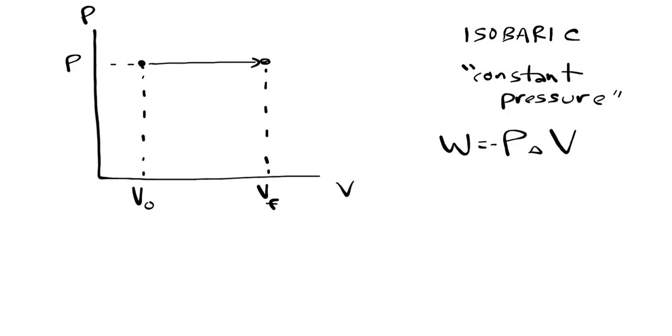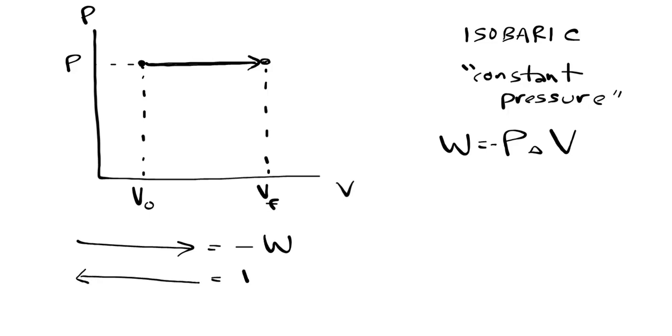Now, if I'm increasing the volume and the volume difference is positive, then this is negative work. If I were decreasing the volume, that would be positive work. So one way to look at that on the graph is that if the line moves to the right, you're talking about negative work, and a line that goes to the left would be positive work.